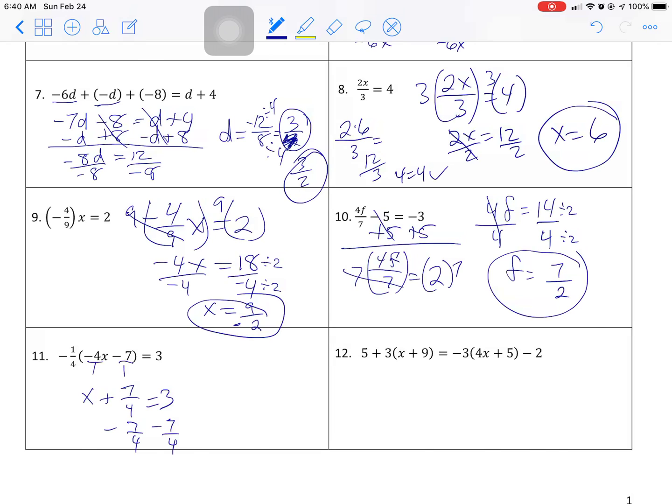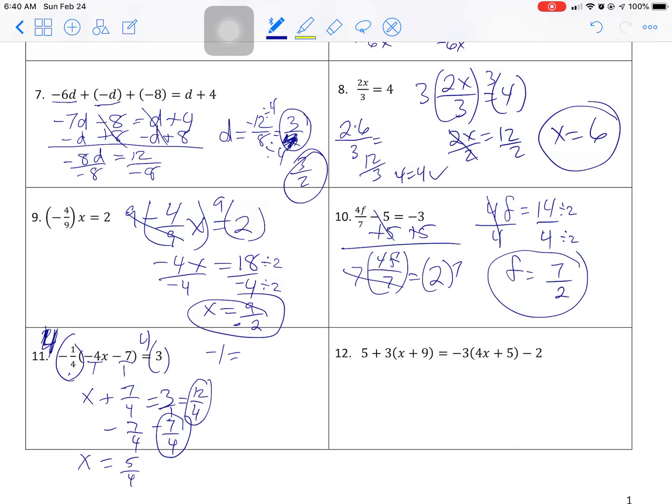Let me just check. So this would be x equals, what is 3 as something over 4? 1, 4, 4 is 12. So that would be this, and that would be a 5 over 4. So let's check by clearing the fractions. Let's see, I multiplied that by 4 and that by 4. That's a 4, sorry, because that's the only denominator I have.